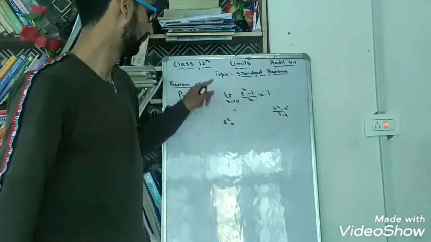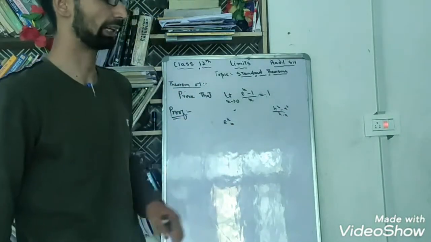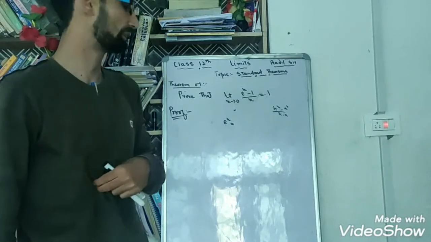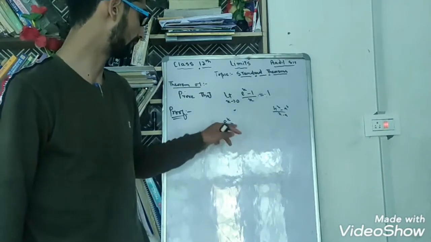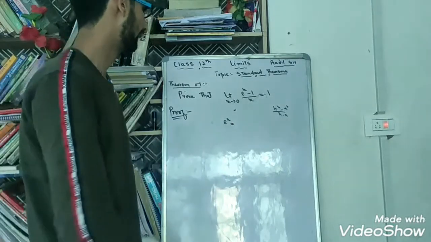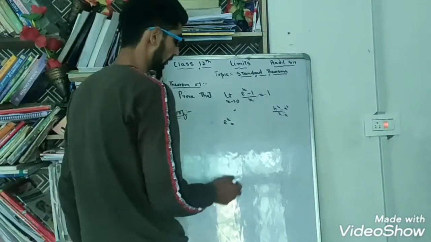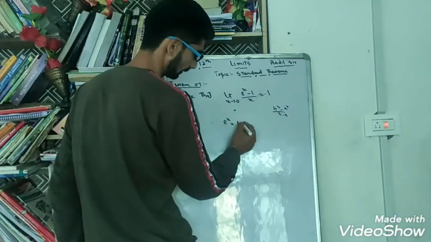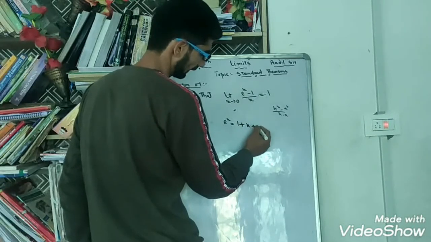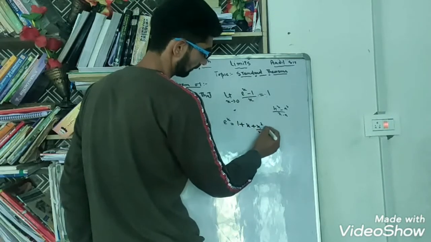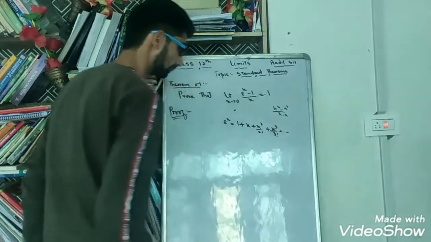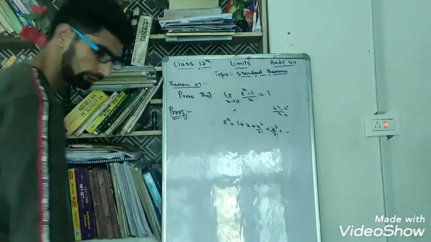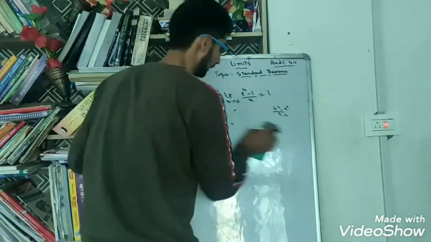But here we can find the expansion of e raised to x with the help of Taylor's theorem. That is equal to 1 plus x plus x square divided by 2 factorial plus x cube divided by 3 factorial plus so on. So we are going to write the proof of this.